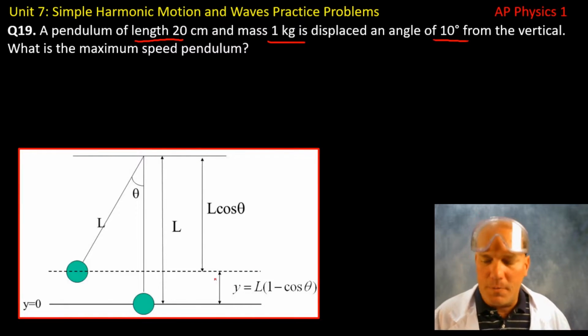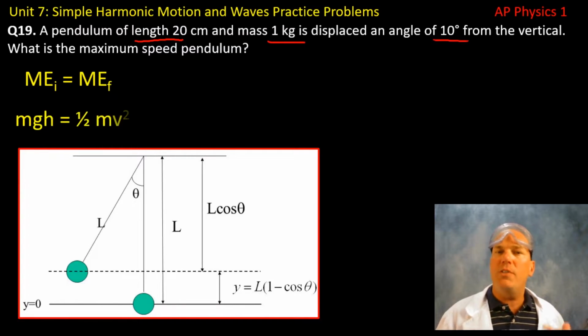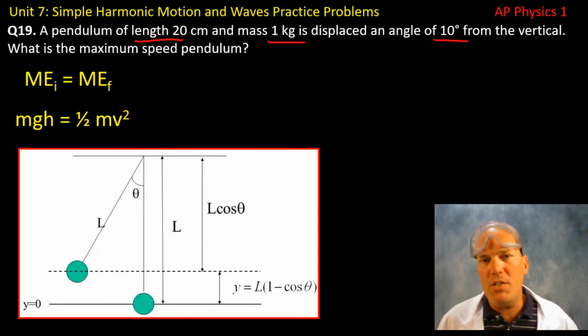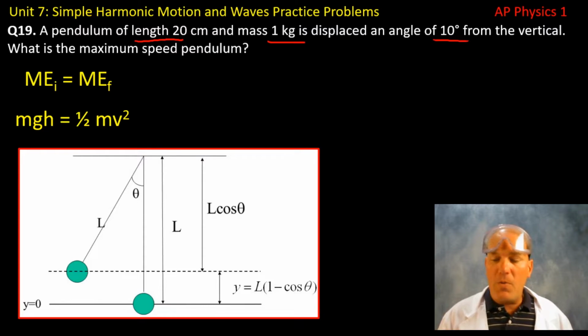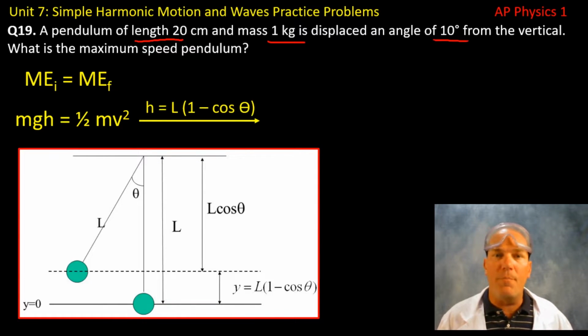That's nothing new. Let's set up our energy expression and put our initial energies, which are the gravitational potential energies, and set those equal to our final mechanical energy, which in this case is the kinetic energy, 1/2 mv squared. We know that's where the maximum speed of the pendulum occurs, as it swings through equilibrium.